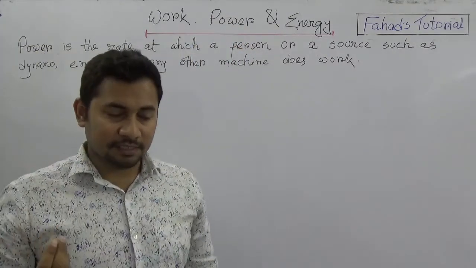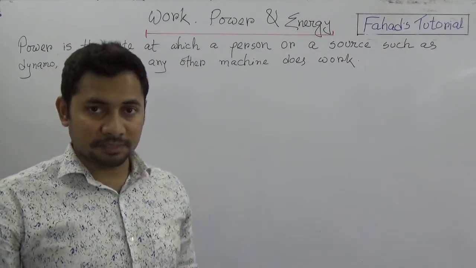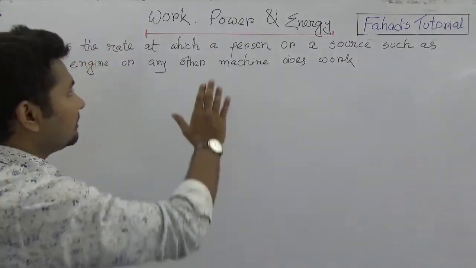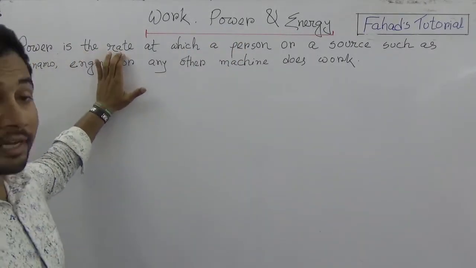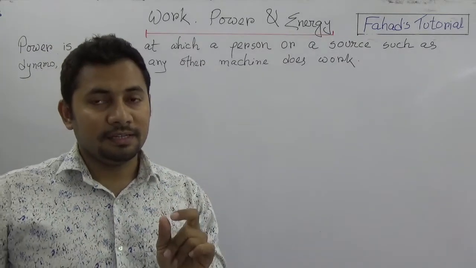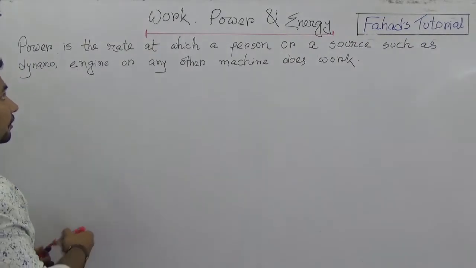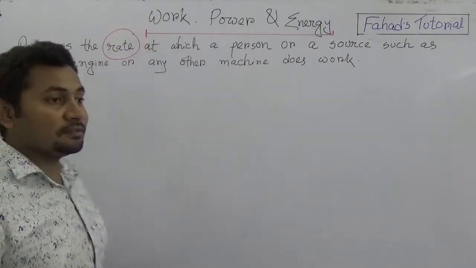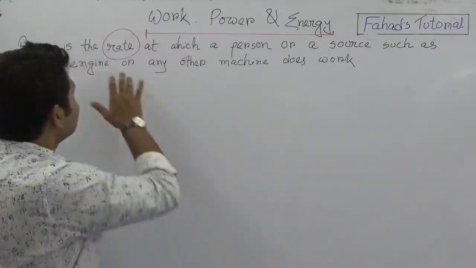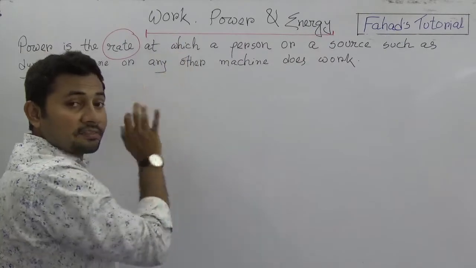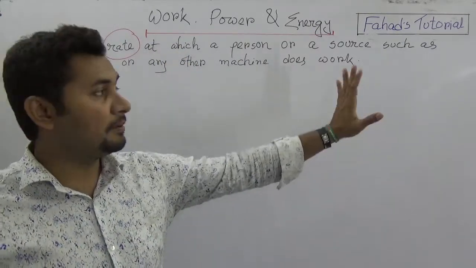In my previous class, you know that work is the product of force and displacement. Right now, if we think about power, we need to see the definition: power is the rate. Where there is a word like rate, we must know there is a count per unit time. So power is the rate at which a person or a machine performs.